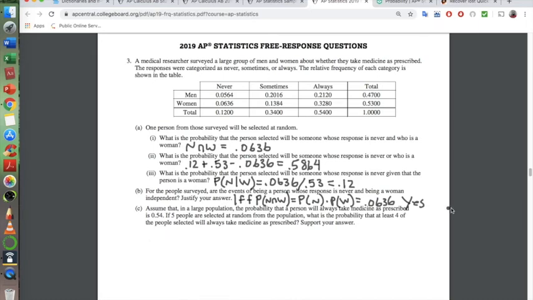Since we know that, let's set up our Bernoulli equation here. So remember, we've got the combination of our choices from the n population. We're going to multiply that by the probability of success raised to the number of successes we're looking for, times the probability of failure, which is 1 minus the probability of success.